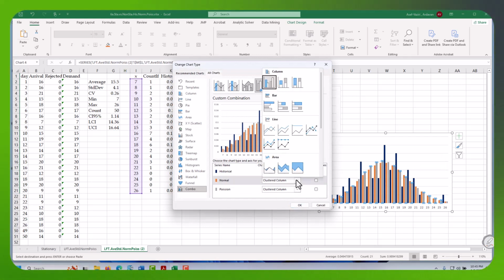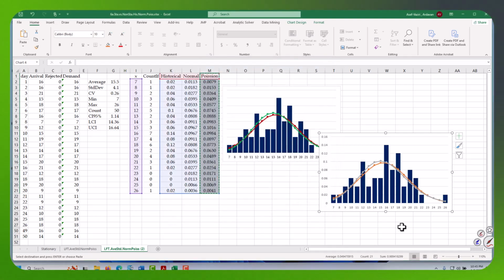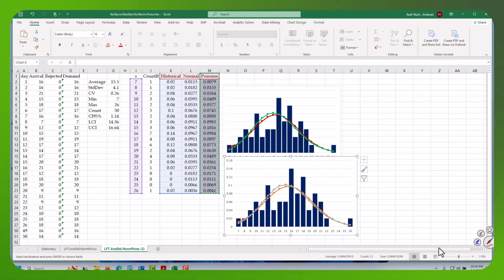For this one, use this graph, and for this one also I say use this graph. Okay, now that is very similar to what I have, and of course I can go here and change color.